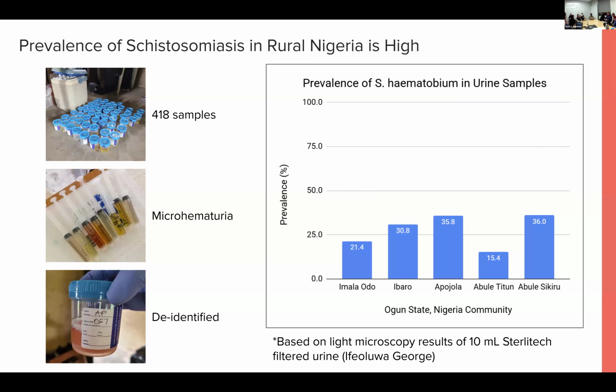I also wanted to show that the prevalence of schistosomiasis in this area of rural Nigeria is very high. We visited 5 different communities, and in 3 of those communities, about a third, or 1 in 3 people, had schistosomiasis. So this is definitely a disease that is highly prevalent, largely ignored until it's too late.